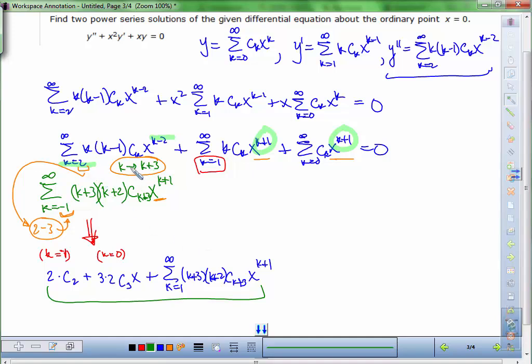That's the first one over here, the y double prime. Now let's take this one. Well, this one is already starting at k equal to 1, so it already has a matching index, and we know that the power is matching, so let's just rewrite that whole thing over again. k goes from 1 to infinity, k ck x to the k plus 1.